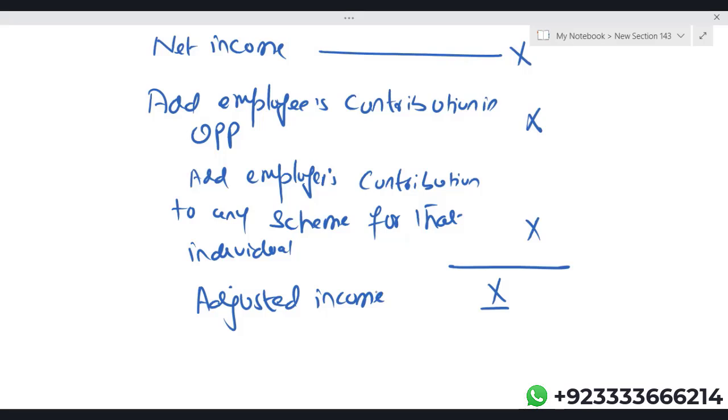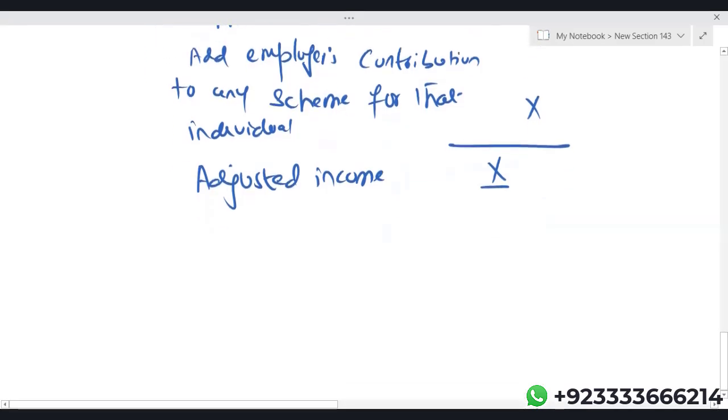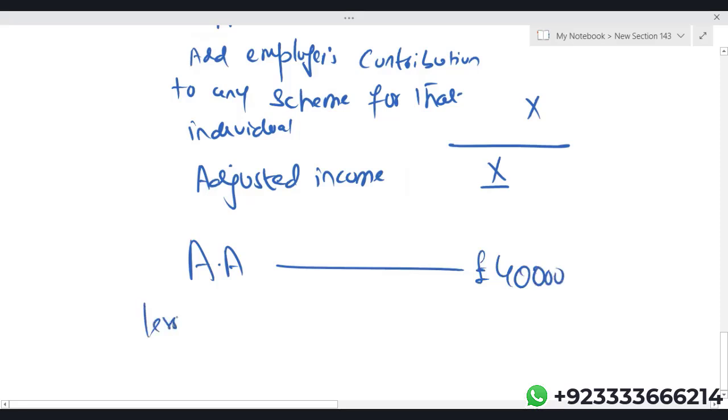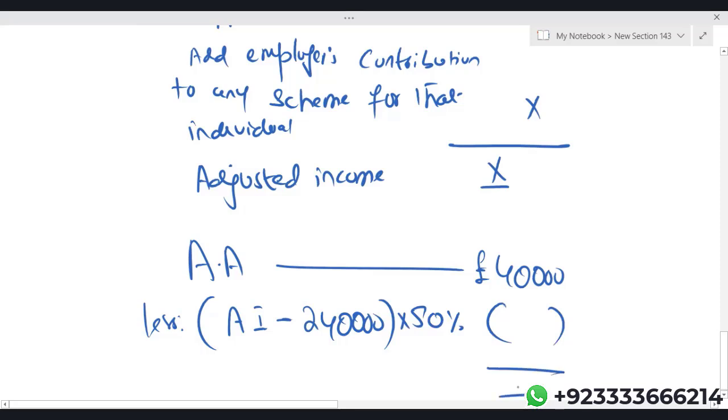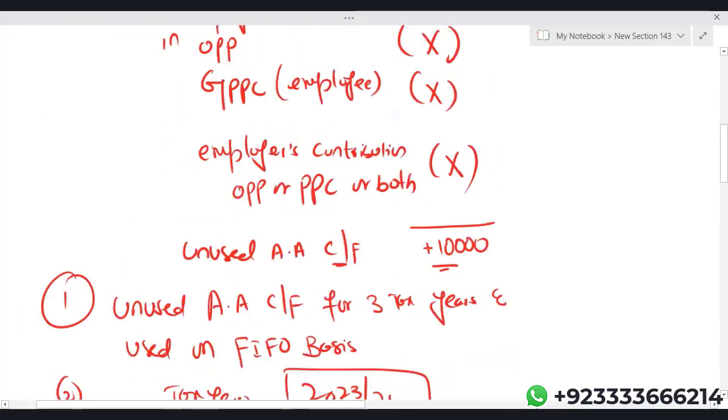When adjusted income exceeds 240,000, then the annual allowance limit will reduce. The annual allowance limit is £40,000 less adjusted income minus 240,000. Either take 50% or 1/2, it's the same thing.